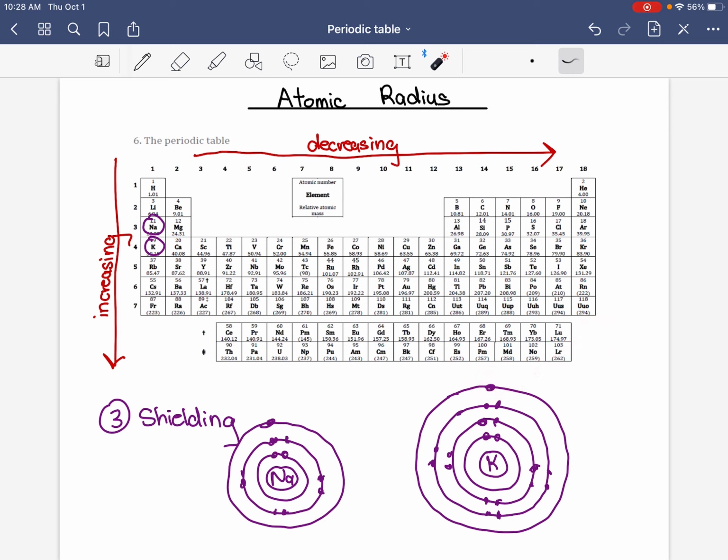So if I were to ask you a question, which I will ask you in your course pack, which element do you think is the biggest on the periodic table? Because that element most likely is the most reactive as a metal. As a metal.